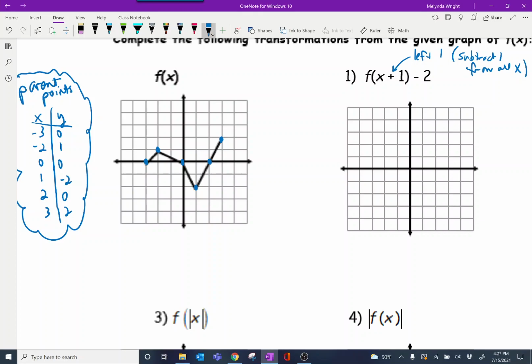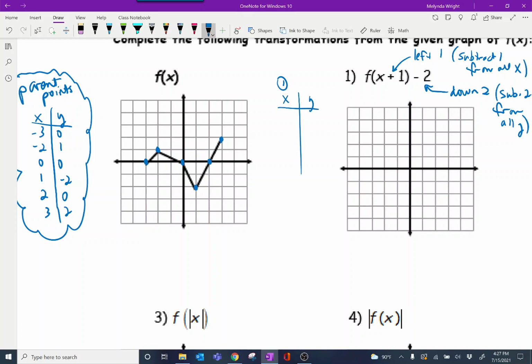Okay. This transformation right here means down 2, so we're going to subtract 2 from all y values. Okay, so here are our values for number 1.